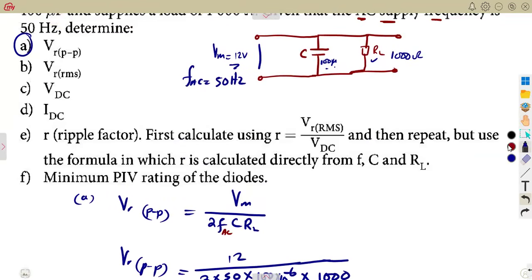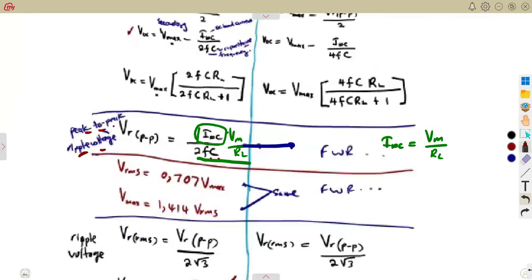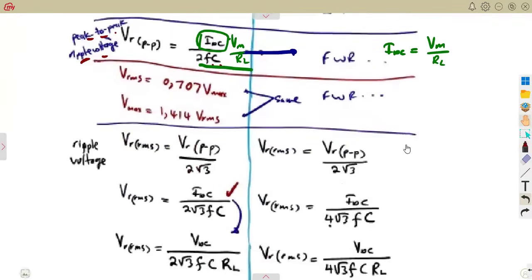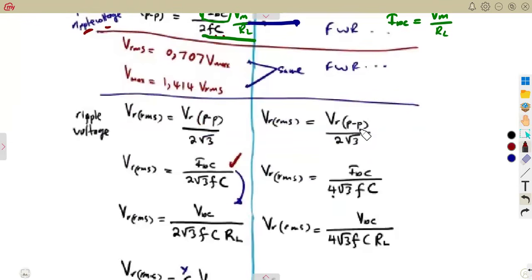Okay, then we move on to another part, which is the RMS ripple voltage. How are you going to have this RMS ripple voltage for a full wave? The formulas are already given. We talked about this: the RMS ripple voltage can be obtained from the ripple peak-to-peak voltage over 2 square root of 3.